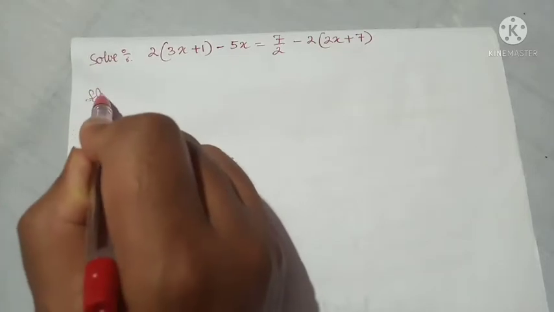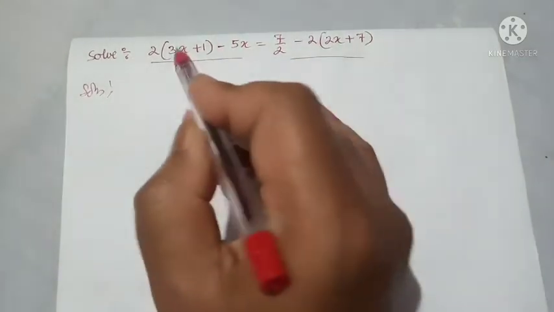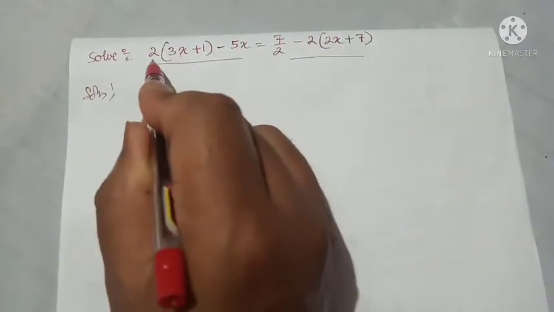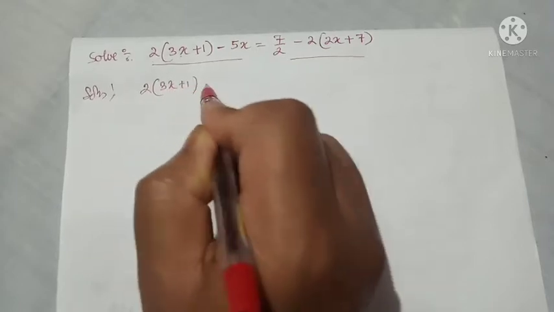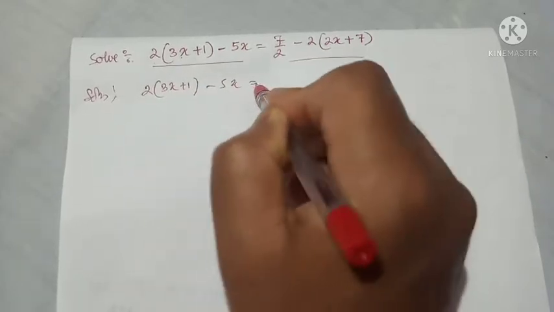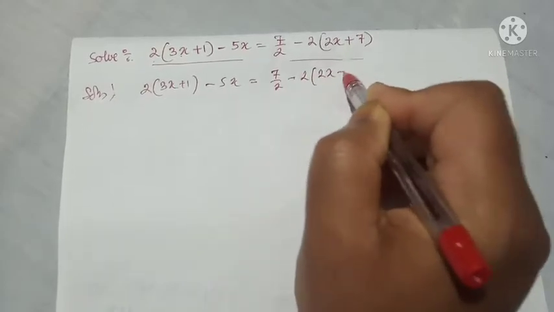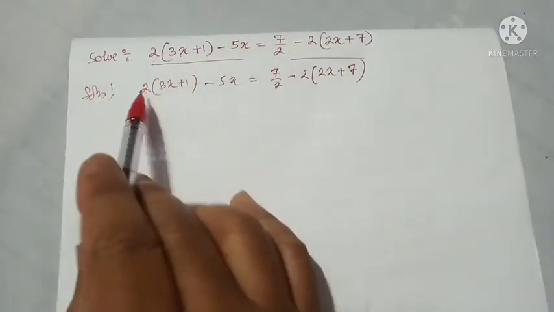This one is the left hand side and this one is the right hand side. First we have to complete the bracket. Here comes 2 into 3x plus 1, minus 5x is equal to 7 by 2 minus 2 into 2x plus 3x, sorry, 7. There are 3 variables, okay?